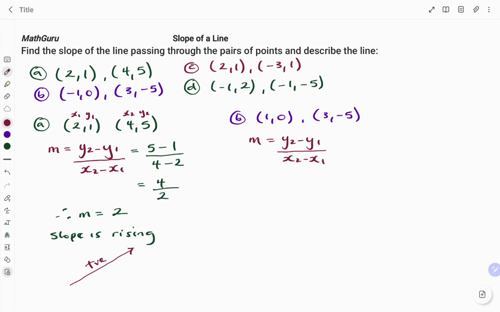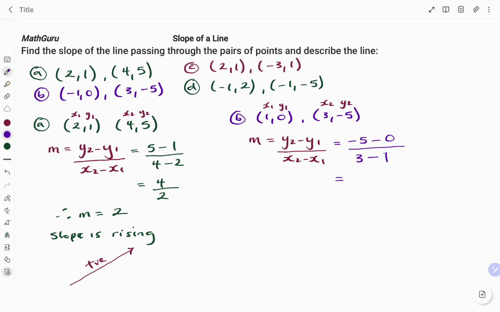Before I start, I'm going to tag my points: x1, y1, x2, y2. Tagging the points makes it easy to do your substitution. So putting the values in, I have y2, that's -5, minus y1, that's 0, divided by x2, which is 3, minus x1, that's 1.